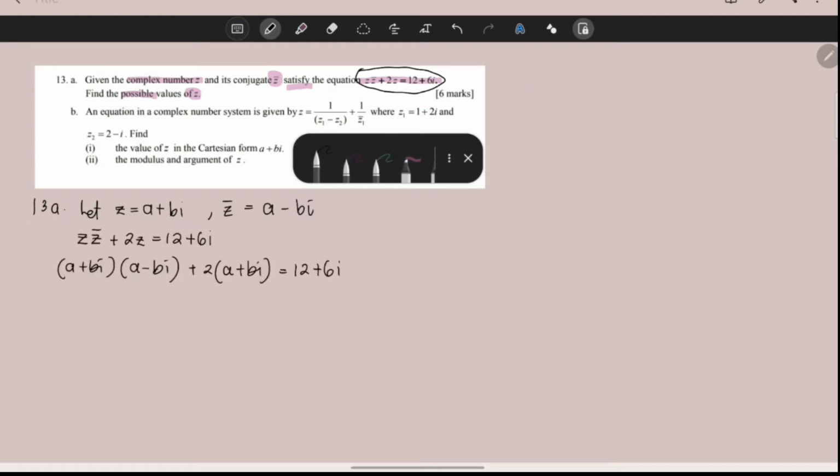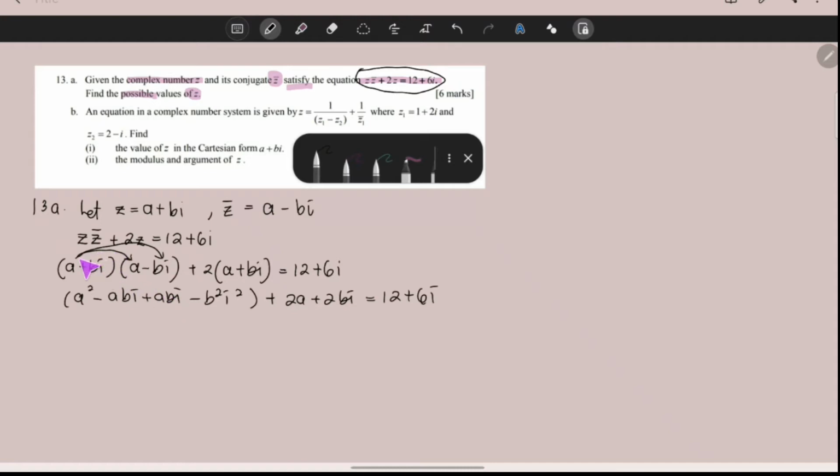And then, as I have shown here, here is the original equation. As you can see, on the left side you only have the z, the unknown. On the right side, you have the number already. So you don't need to rearrange from left to right or right to left. Just maintain it and expand after you substitute z with a plus bi. I already expanded. As you can see here, we have a squared, the negative abi plus abi.